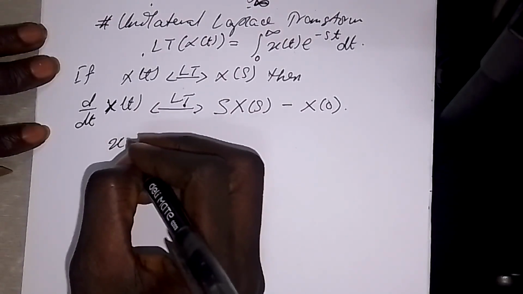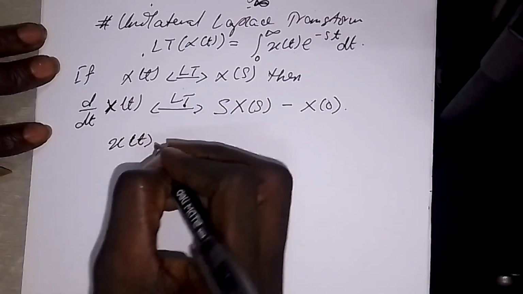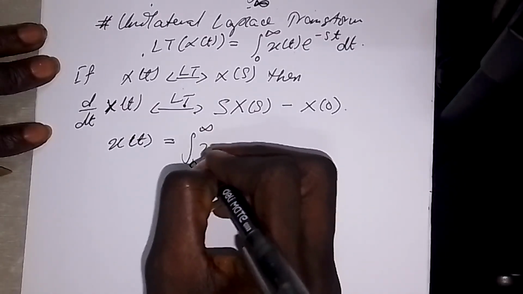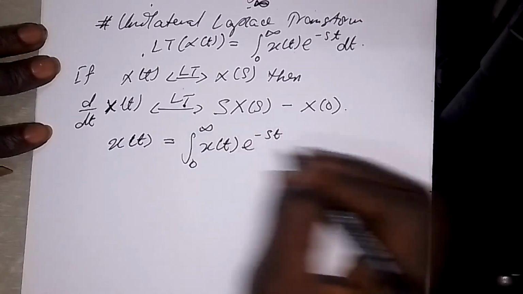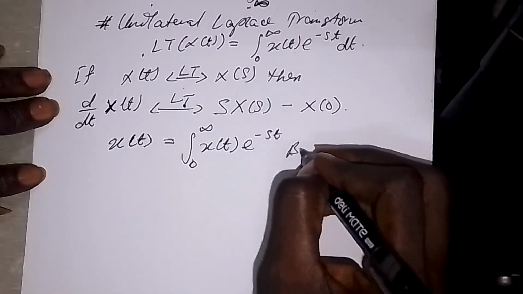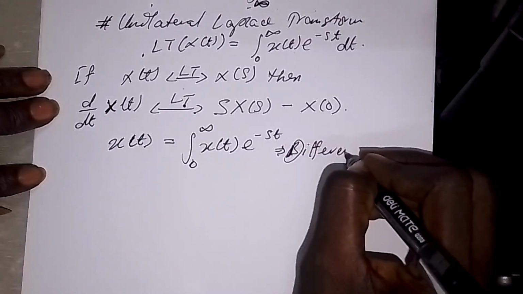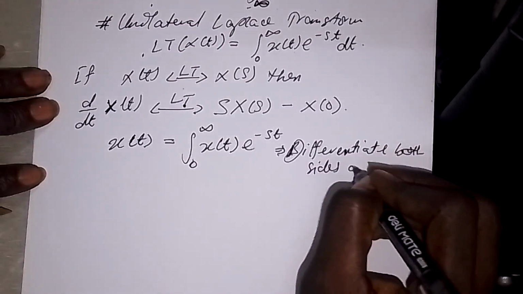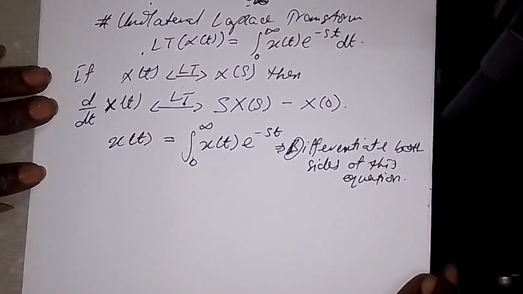Instead of X of s, I'll write x of t, which is equal to the unilateral integral of x of t times e to the minus st. I have this equation, so let me differentiate both sides of it.